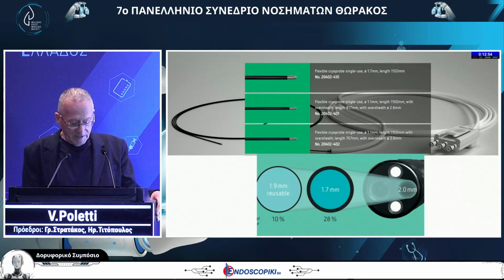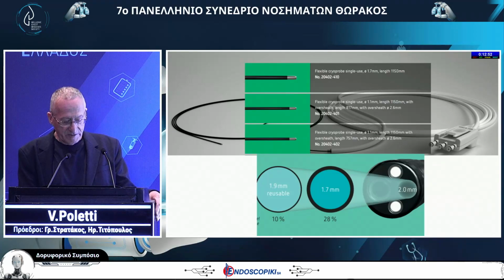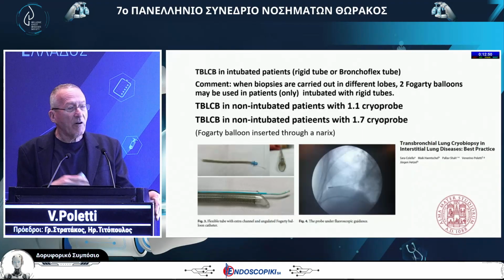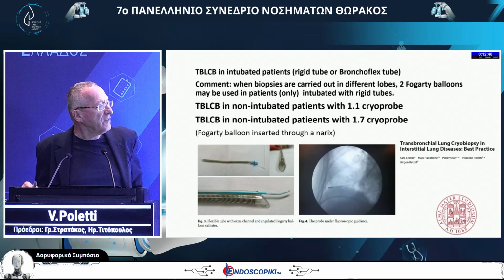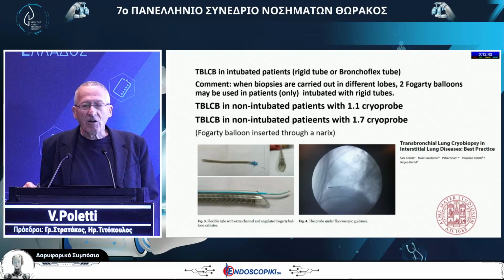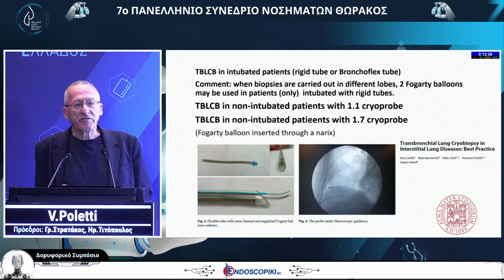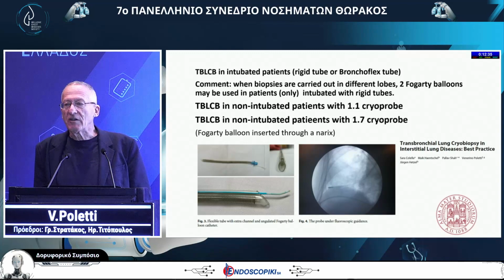Now we have different cryoprobes, 1.1, 1.7, and 2.4, and of course we can make cryobiopsy also using an orotracheal tube. In that context, you cannot use different Fogarty balloons, and so it's a little bit more difficult to have biopsy in different segments.